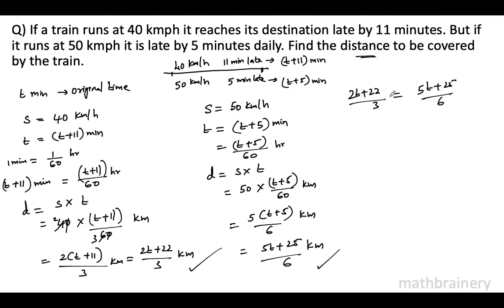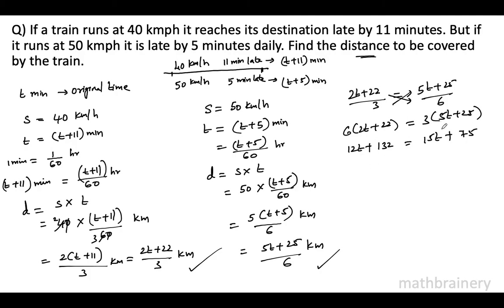To simplify this, let's cross multiply. 6 into 2t plus 22 is equal to 3 into 5t plus 25. 6 into 2t plus 22 is 12t plus 132, equal to 15t plus 75.